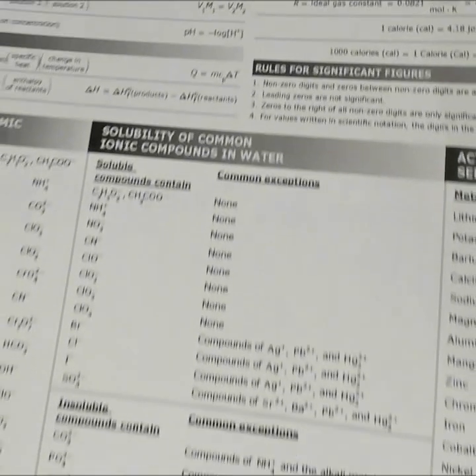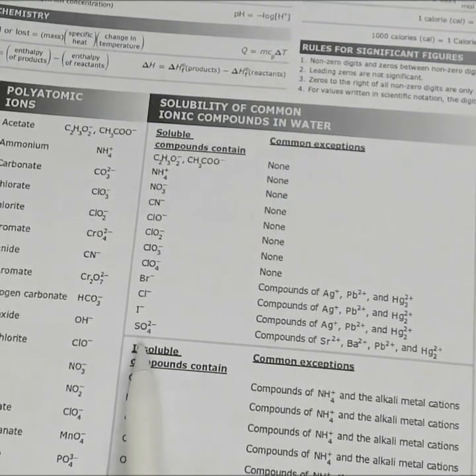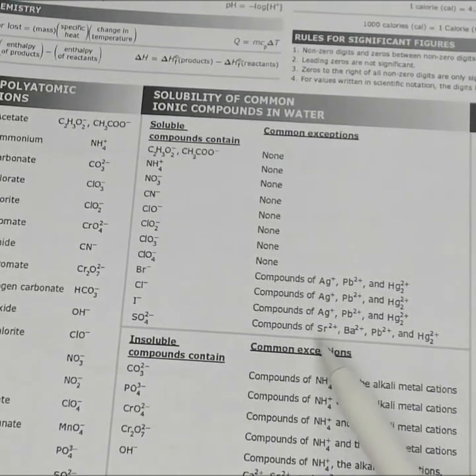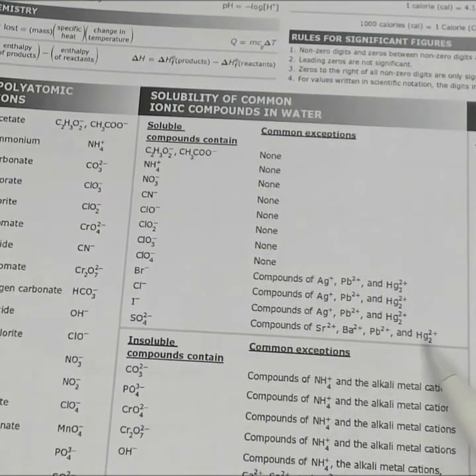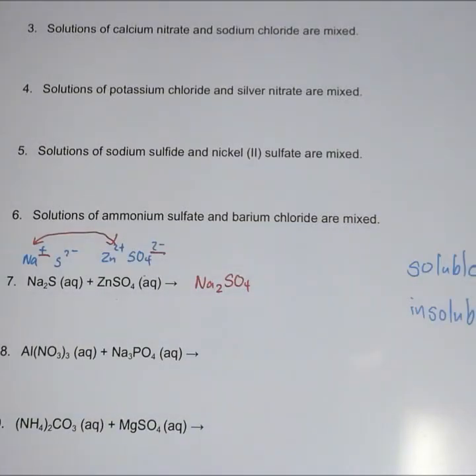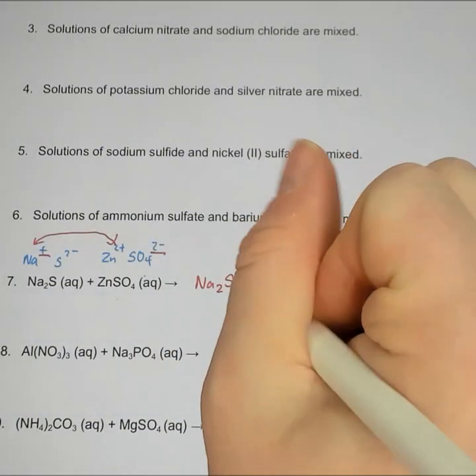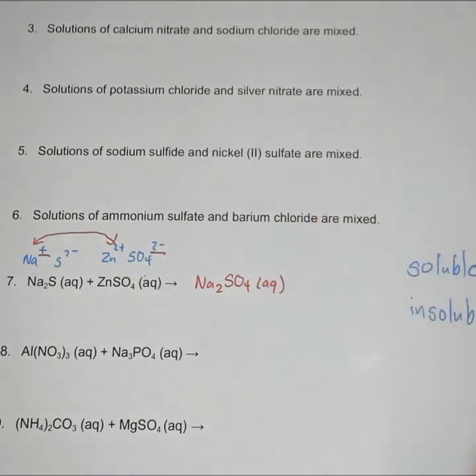Again, check your solubility rules. Sulfate is soluble except with Sr2+, Ba2+, Pb, and Hg2+. I don't have any of those, so that means it's soluble. That means it's going to be aqueous. Plus.